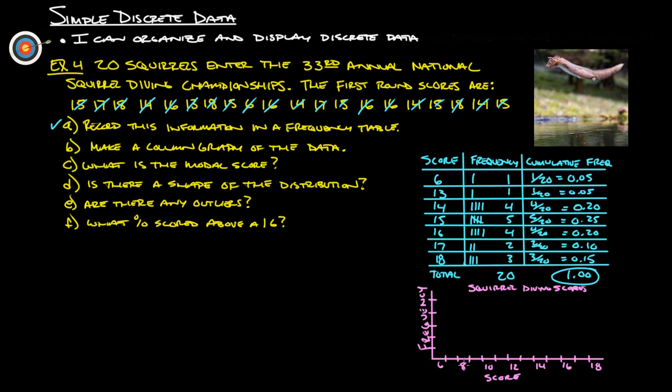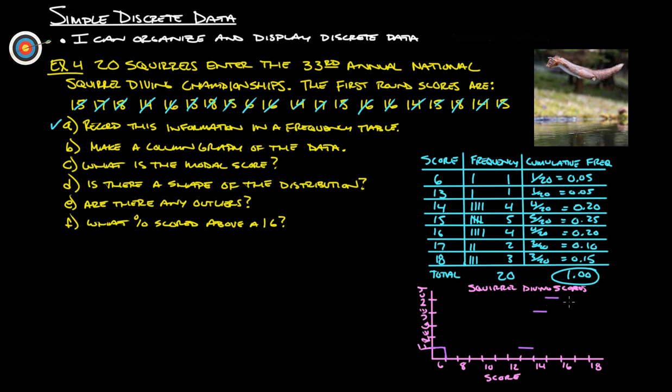So let's see, there was 1 at 6, so we can make ourselves a little chart here at 6. And then we've got, the next one isn't until 13, and we got 1 of those as well. Okay, I'm just going to make all the top bars and we'll fill all the rest in. No, sorry, we got 4 at 14, so that would be this one here. So that's about here. We got 5 at 15.